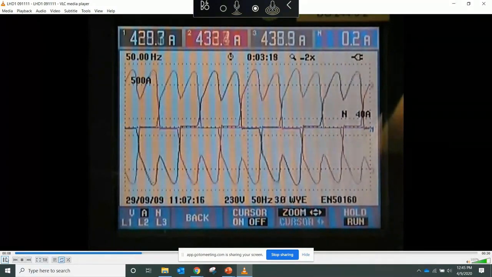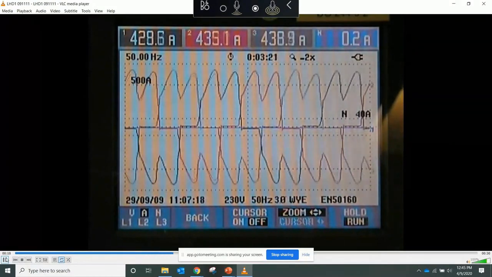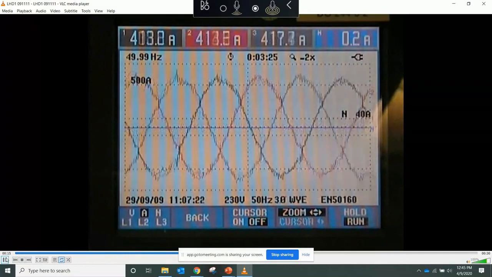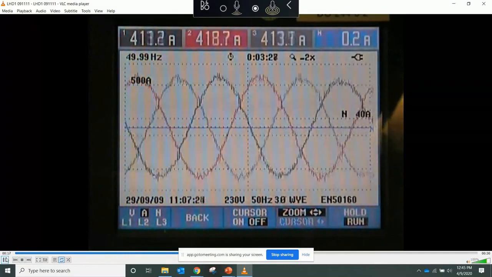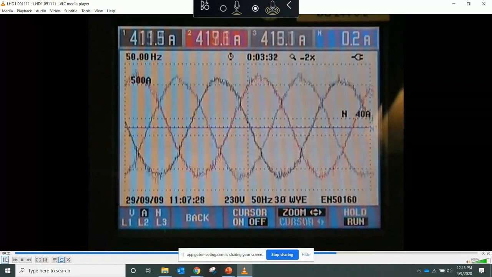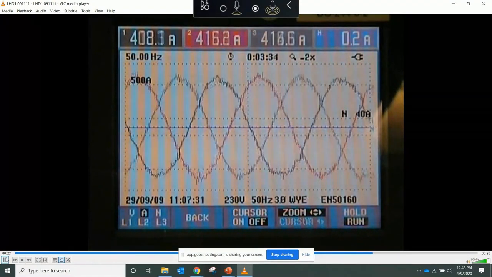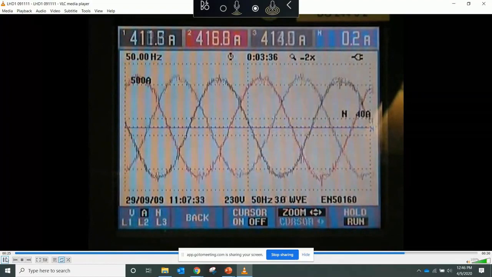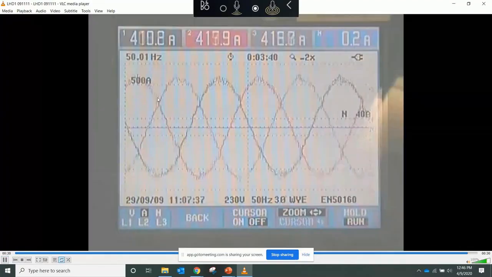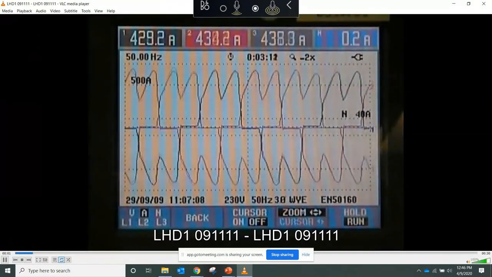But in about 3 or 4 seconds, I'm going to turn the active filter on, and you'll see the current go down and the sine wave clean up. So that's the result of what looks like the incoming scope from an active harmonic filter. We went from 430 amps to 410 amps, so there's an energy savings, and we clearly cleaned up the sine wave.